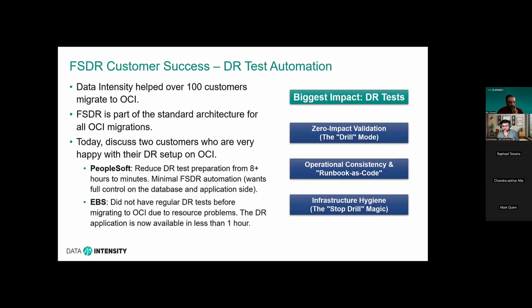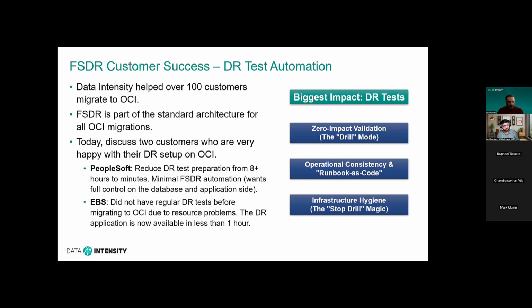The hero culture is gone. We don't have to depend on a specific engineer to complete the DR work for a particular customer. It is all documented and configured in FSDR, so we are not dependent on a single engineer or a specific person. And the biggest advantage, I would say, in DR testing is the infrastructure hygiene.